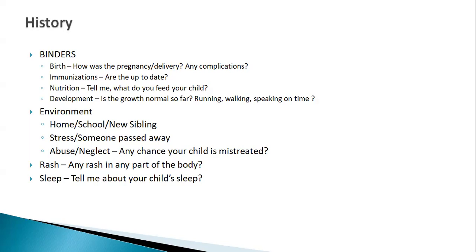That is the way we can put this question. Then we ask about rash, we ask about sleep. These are all open-ended questions that we can ask that will help us to really understand what's going on, and it will help us in the management of any condition that we are facing.